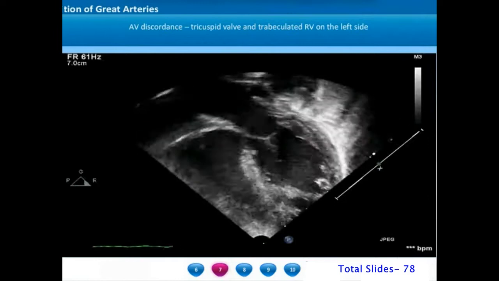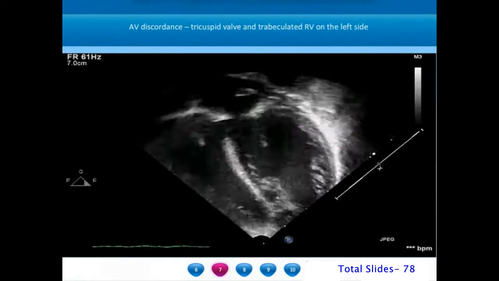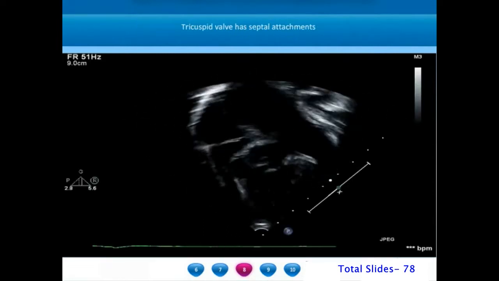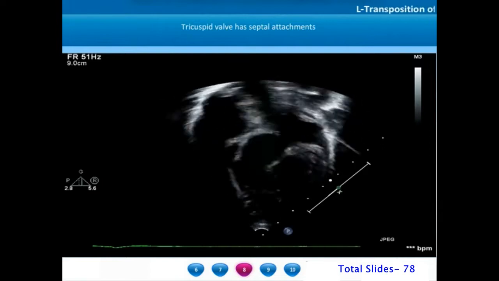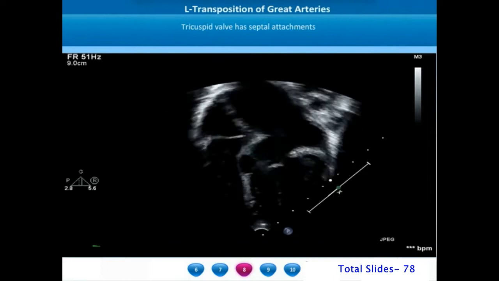We can notice that the trabeculated right ventricle is located on the left side. The tricuspid valve can be appreciated by the septal attachment of the chordal tissue.